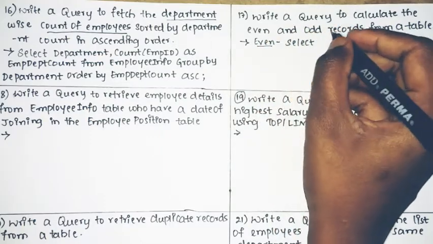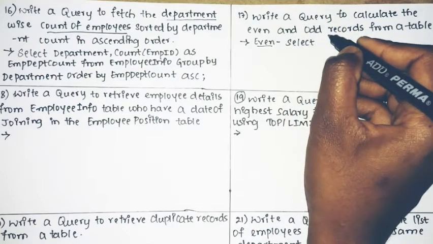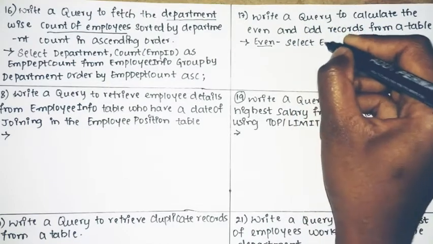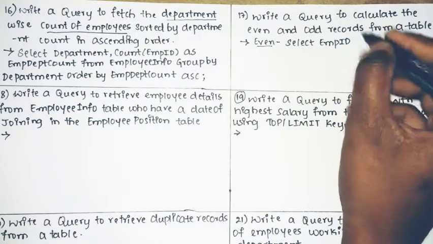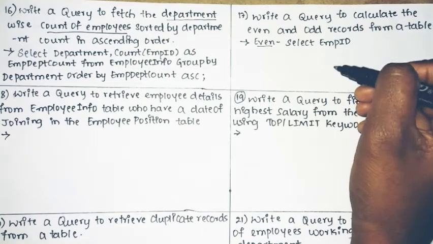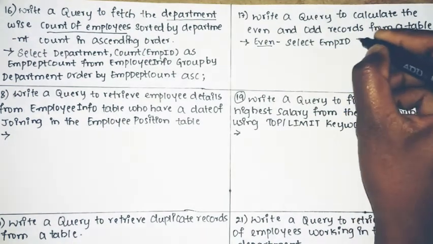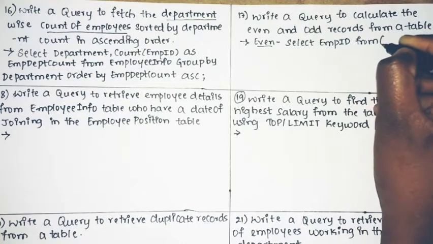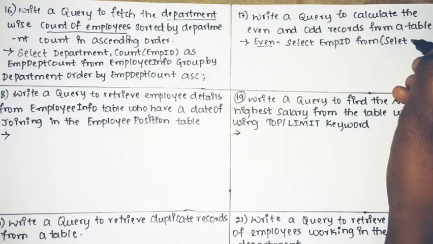So select. So query to calculate the even and the odd records from the table. Then select the employee ID. Employee ID is the column which includes the numbers, the even records. So select employee ID from, within that open one more statement, where you need to select the row number.